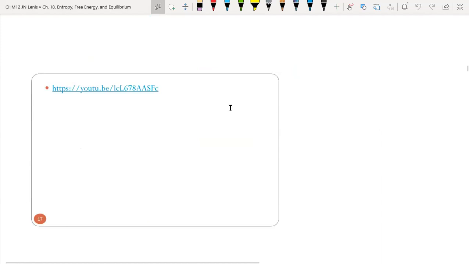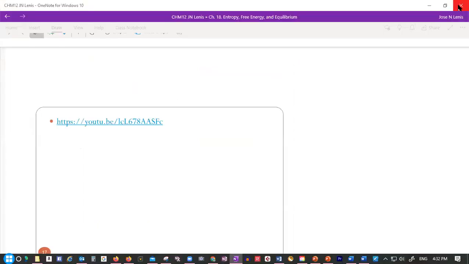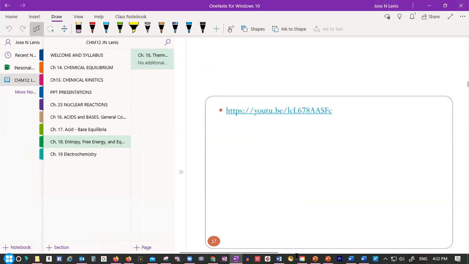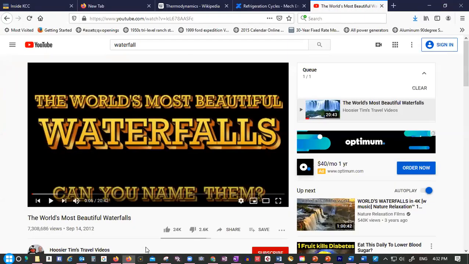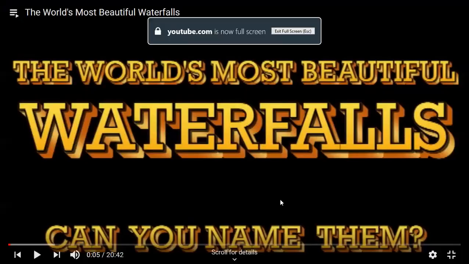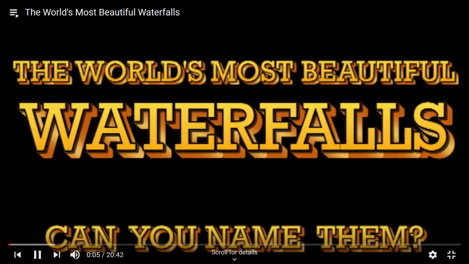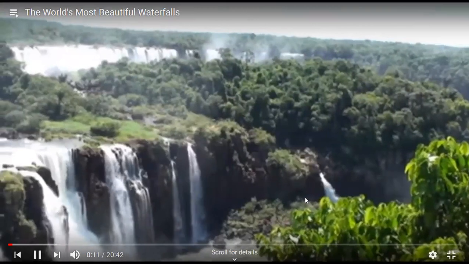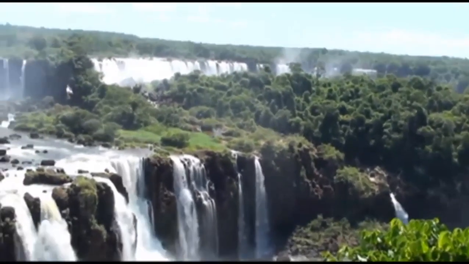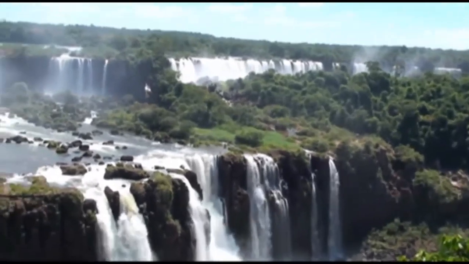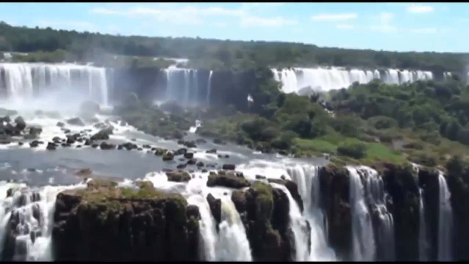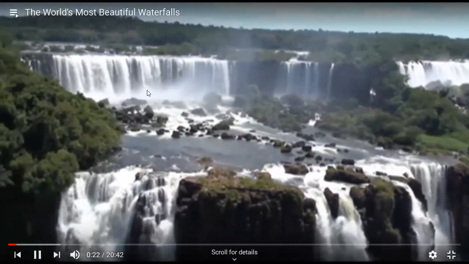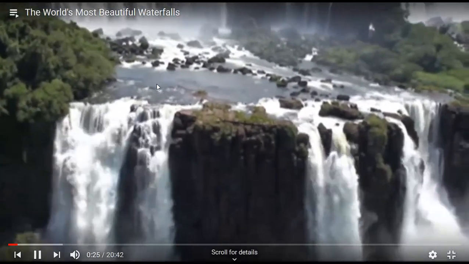Here are the sources for the pictures I took. Also, I have another example of a gradient for a natural process, for a spontaneous process. This time I'll show you a physical process. I like this: the waterfall. It's a natural process, a natural tendency. What is the tendency here for the water? To go from high altitude to lower altitude.